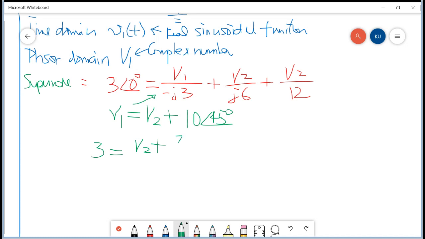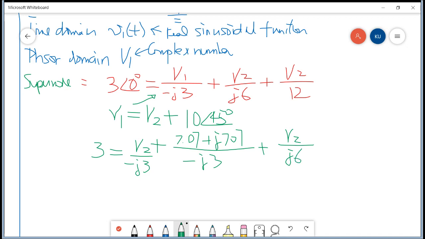Or 7.07 plus J7.07, and then over minus J3 plus V2, this one also needs to be divided by minus J3, so second term and the third term.